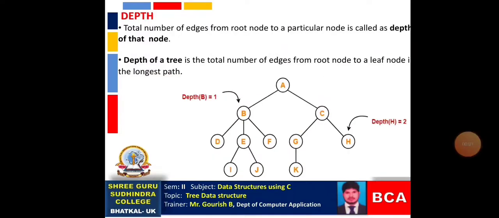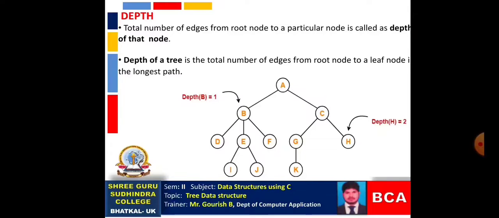Fine. And next one is depth. The total number of edges from the root node to a particular node is the depth of that node. From the root to the particular node we have to count the number of edges.